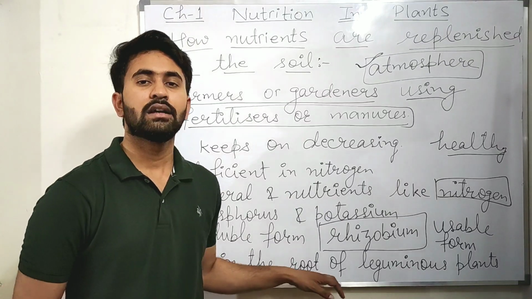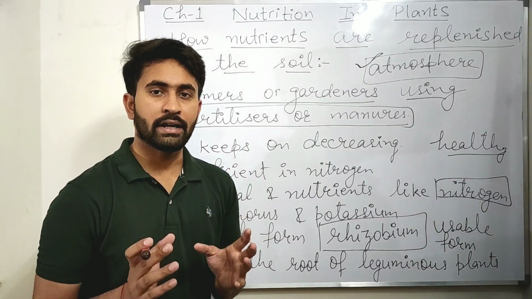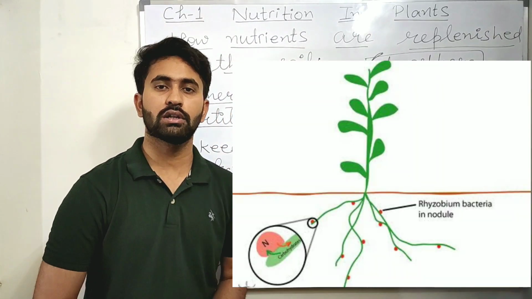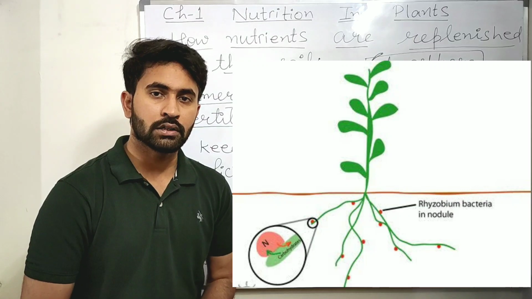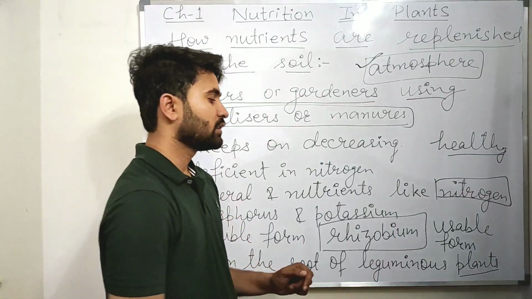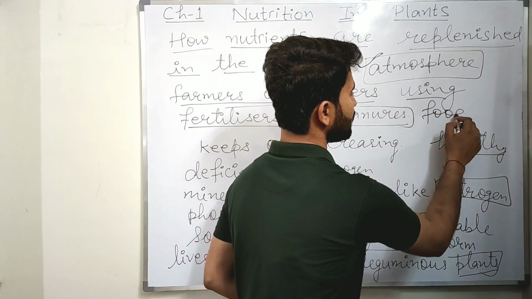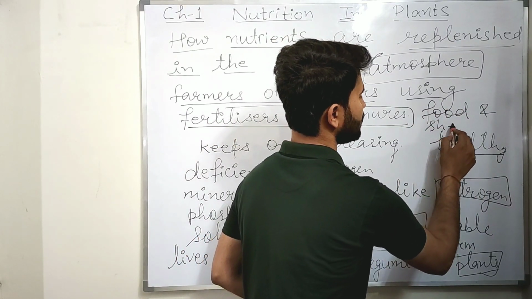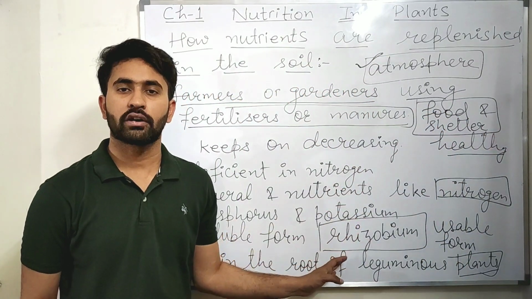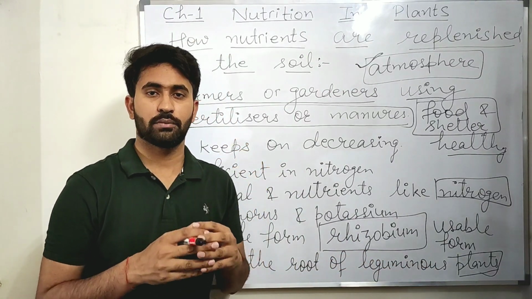These bacteria provide nitrogen to the plants, and in return the plants provide them food and shelter. So the bacteria called rhizobium and the plants live in a symbiotic relationship.